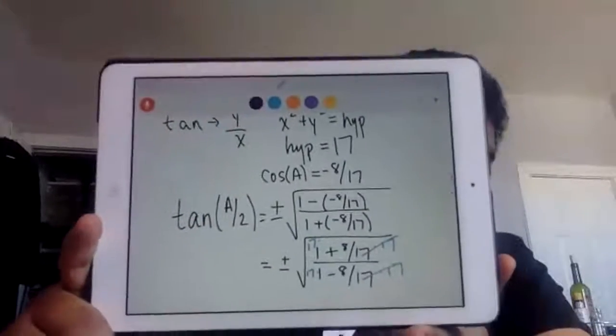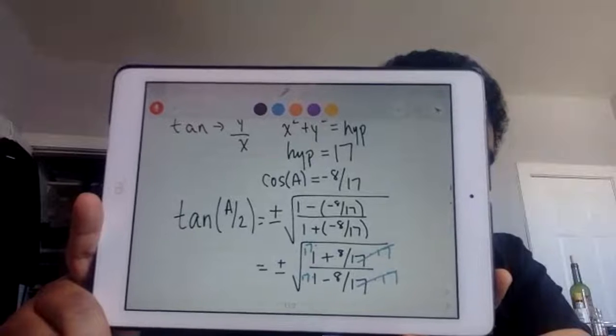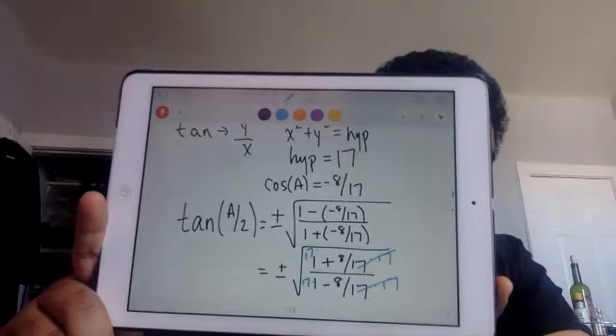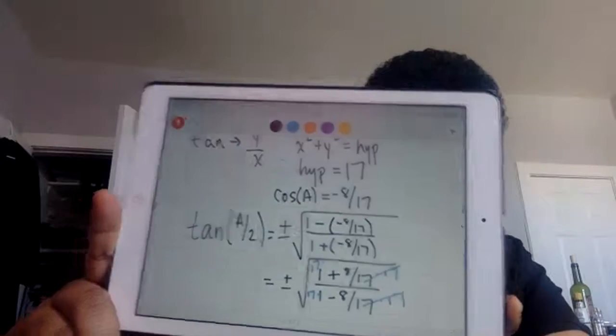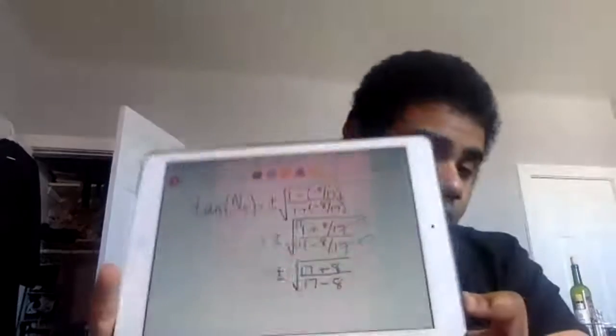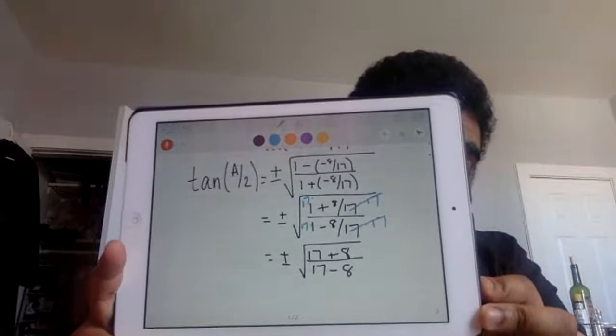Yes, sine is y and cosine is x. The 17s cancel out on the back end of both of those. 17 times 1 is 17, plus 8. And then on the bottom, 17 minus 8. Okay, and so you just simplify that.